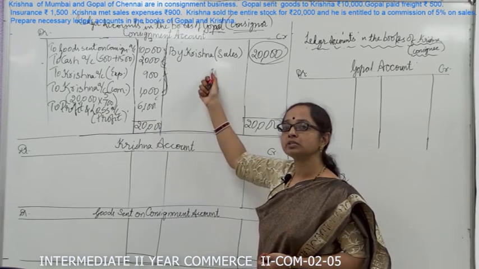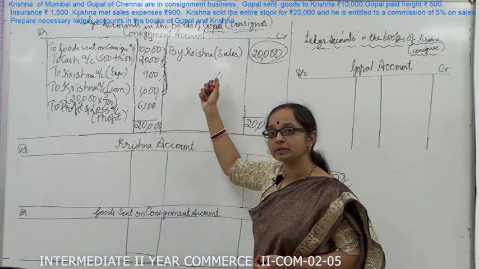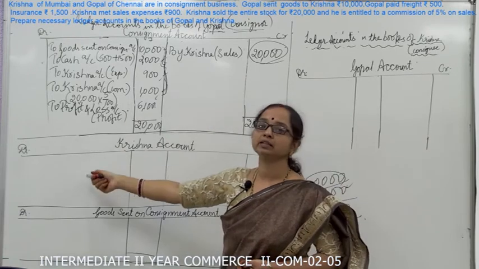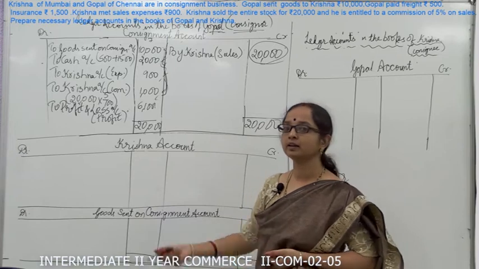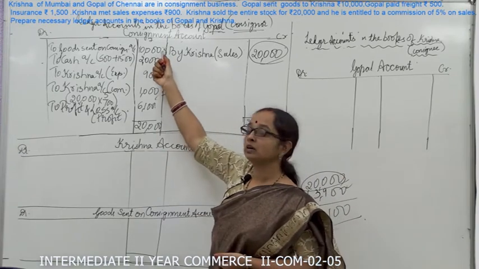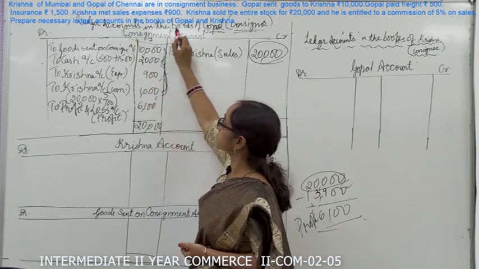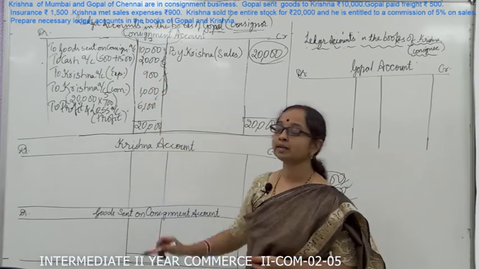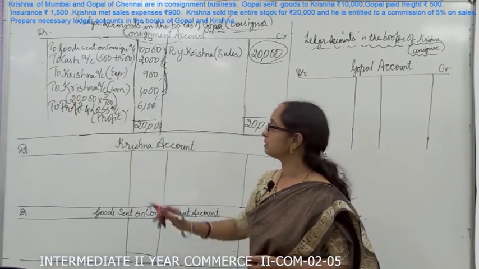Where it is posted in consignment account, Krishna అనే పేరు, if it appears on the credit side, we have to write it on the debit side. Simple logic. Okay, consignment account lo where are we seeing this Krishna name? In consignment account. So consignment account, they have debited Krishna with how much amount? 1,000 rupees.